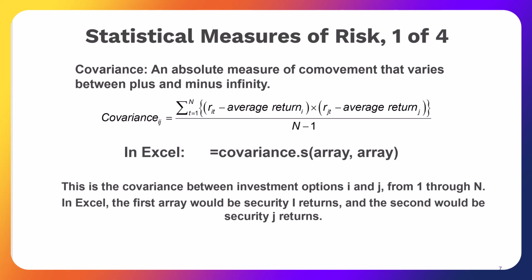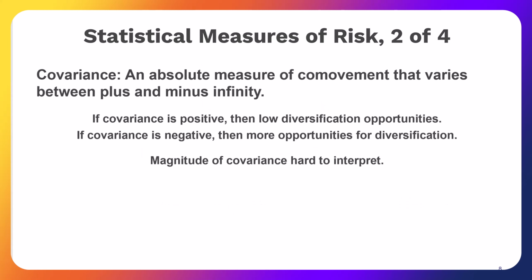The challenge with covariance is it's difficult to understand the power of this. That is, how strong is that co-movement? So it's an absolute measure of movement.